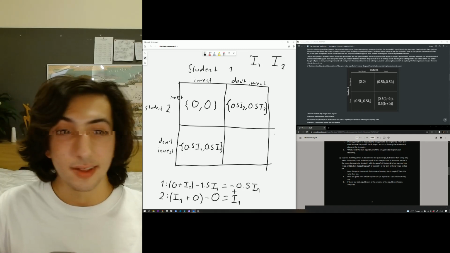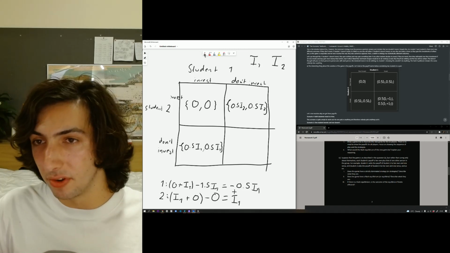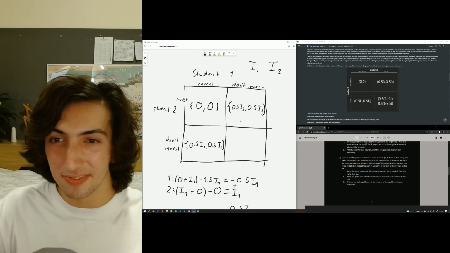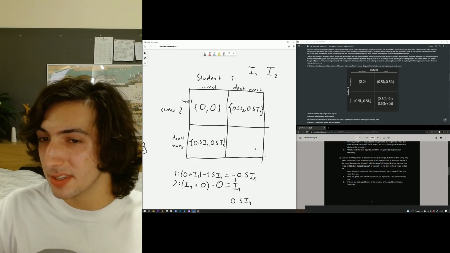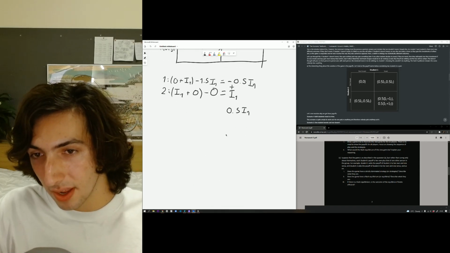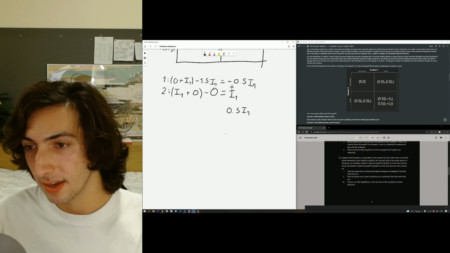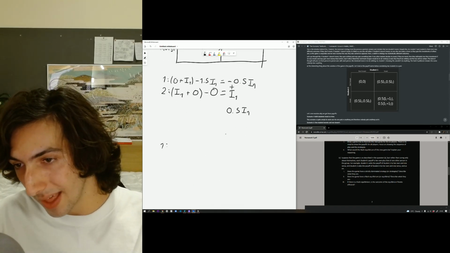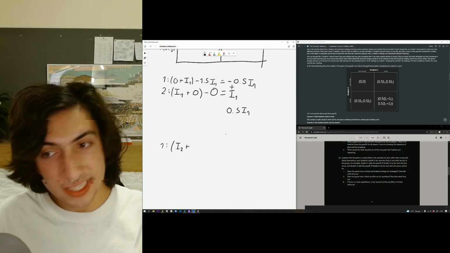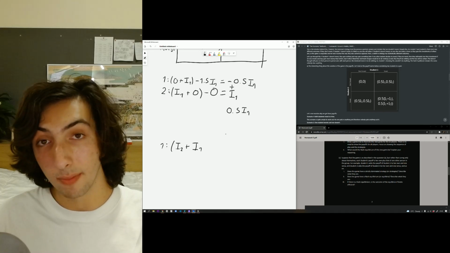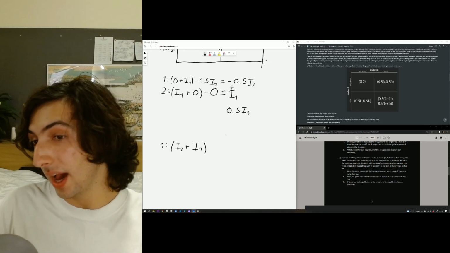Okay, now what happens if they both do it? As you can sort of see over here, I've already done this, but just ignore that for now. Okay, let's go down. Now what happens if both invest? So for number 1, we will have the payoff of number 2 plus our individual one, which is going to be double investment 1. So I2 plus I1.